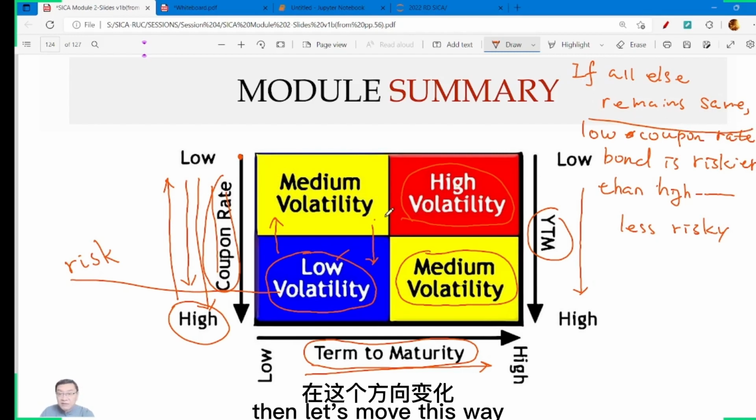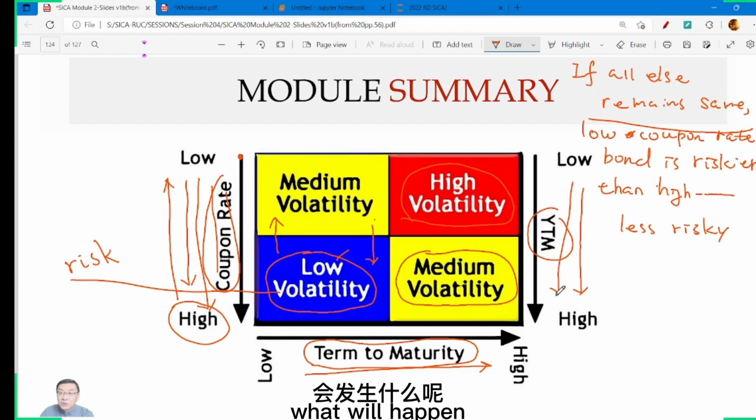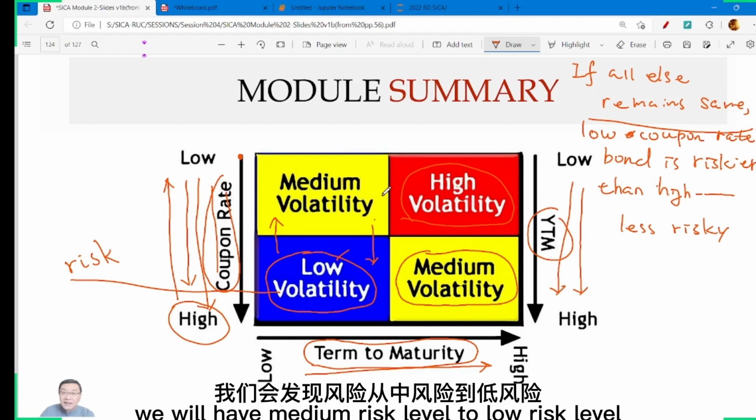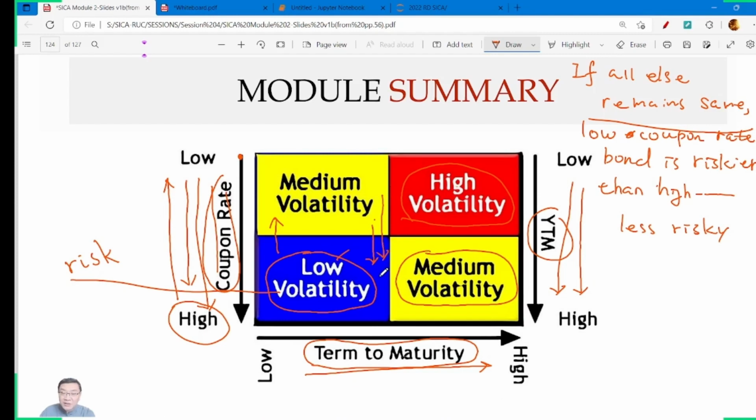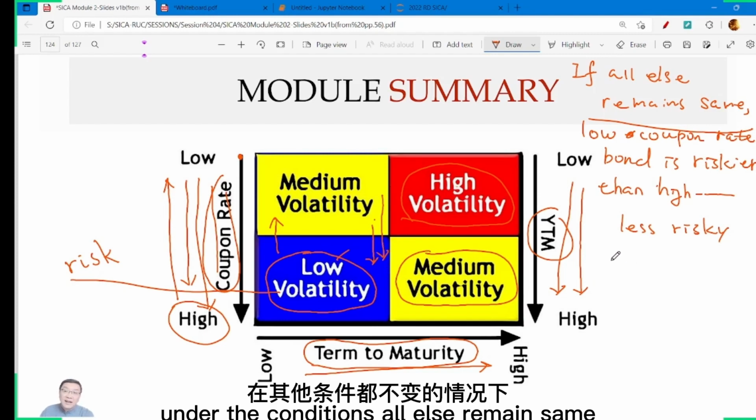Then let's move this way. If YTM moves from low to high, what will happen? We will go from medium risk level to low risk level. So what can we say, under the condition that all else remains the same?